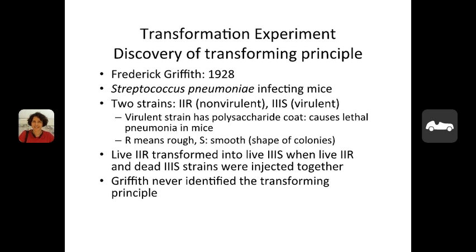He never identified himself what the transforming principle was. He was killed during World War II, so the work that he started was finished by some other investigators. Their names were Avery, McLeod, and McCarty, and we will hear about their experiment in the upcoming slides.